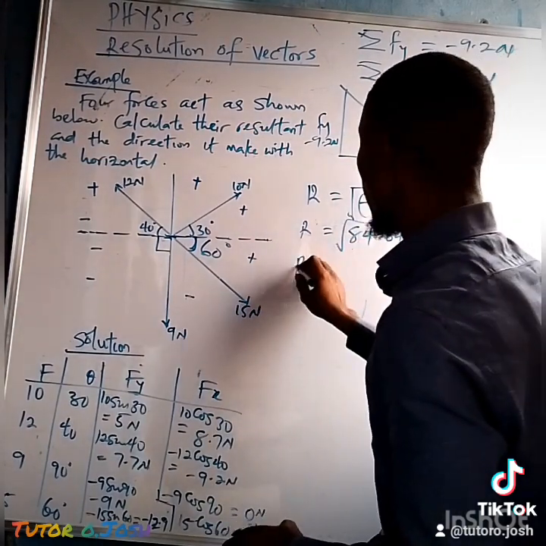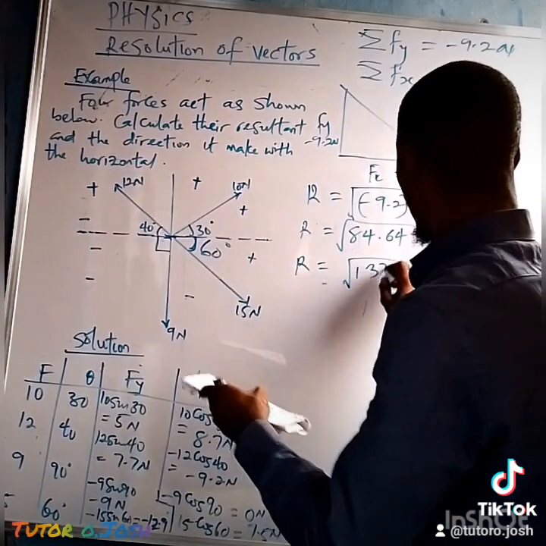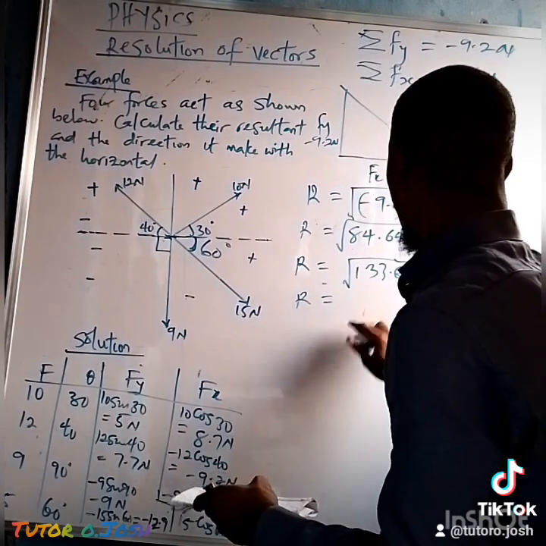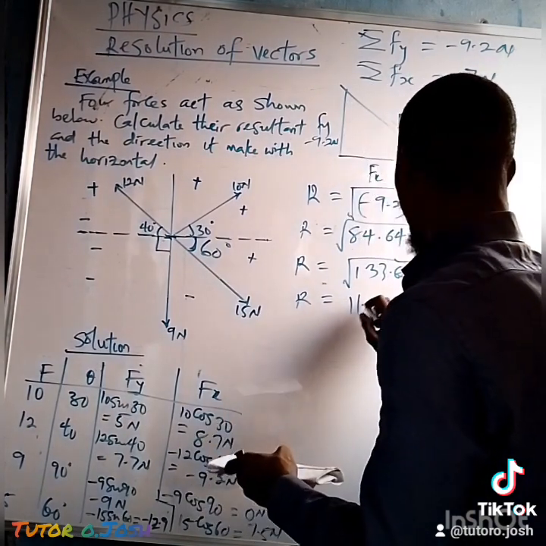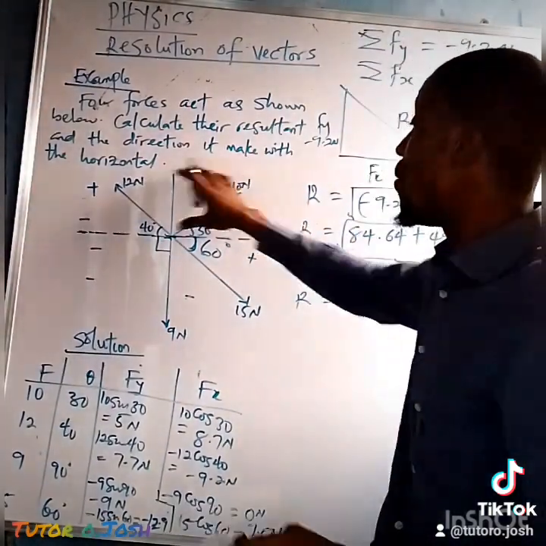Then R to be this gives us 133.64. Then we have R to be 11.56 Newton. That's the resultant of these forces.